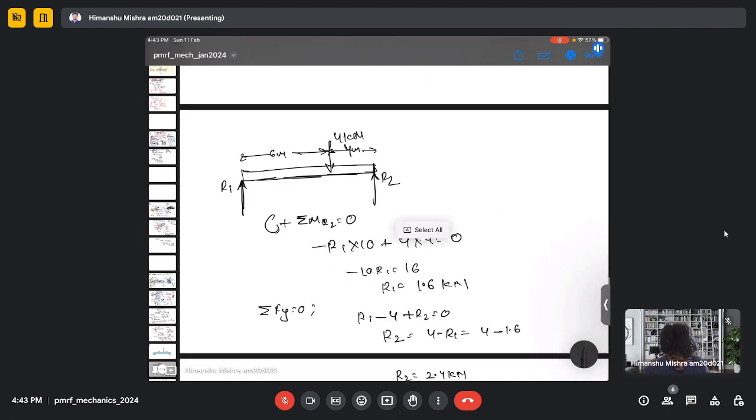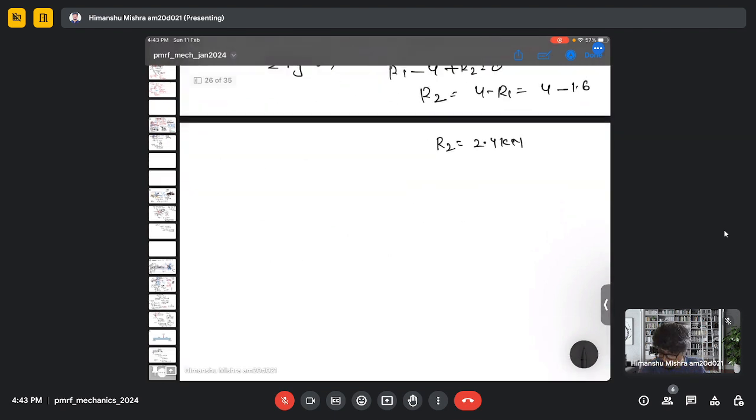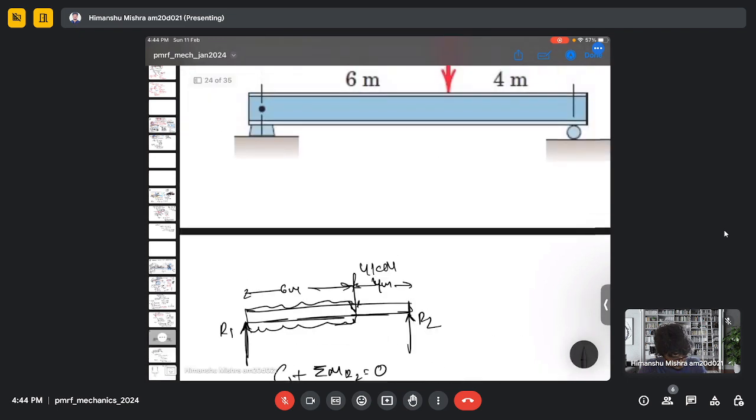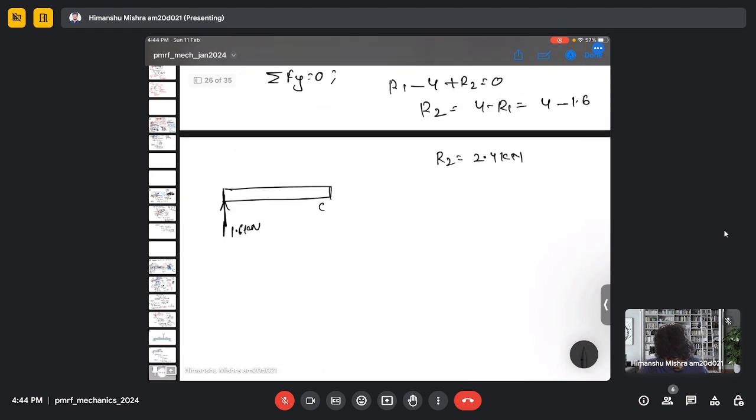So let's consider this part of the beam first. Let's say this is BC, this is horizontal, and this is the moment. Now, this is 6 meter.